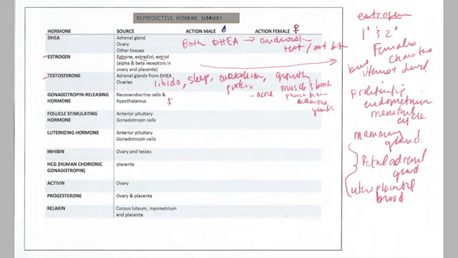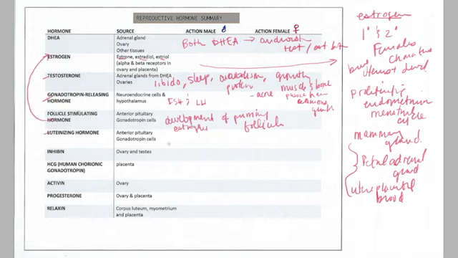GnRH, again, stimulates FSH and LH from the pituitary. So what does FSH do in the female? It is going to drive development of the primary follicle and also estrogen secretion.